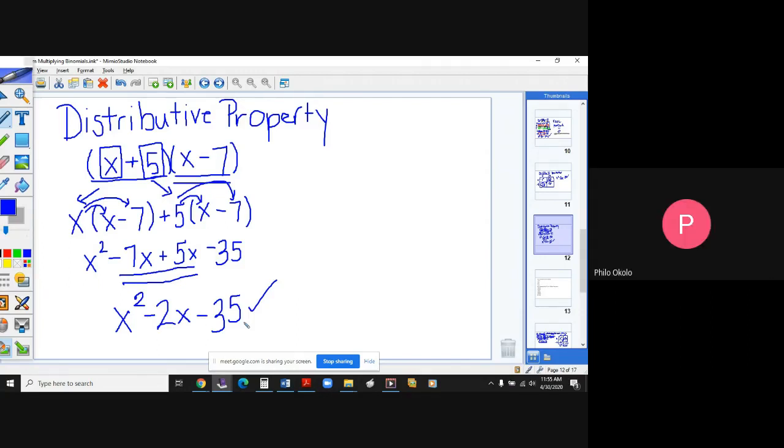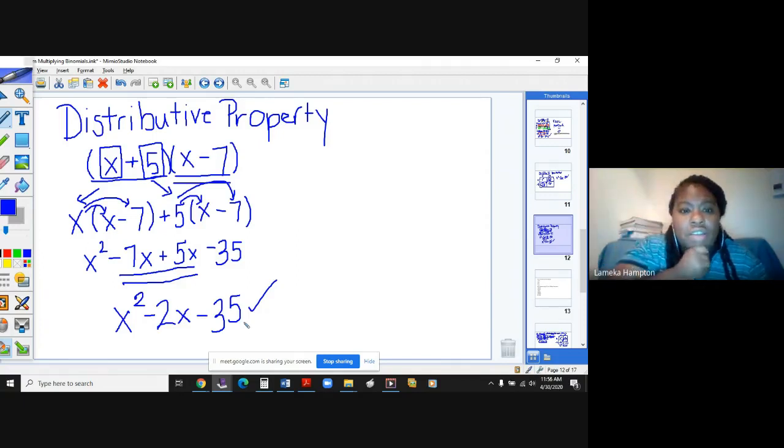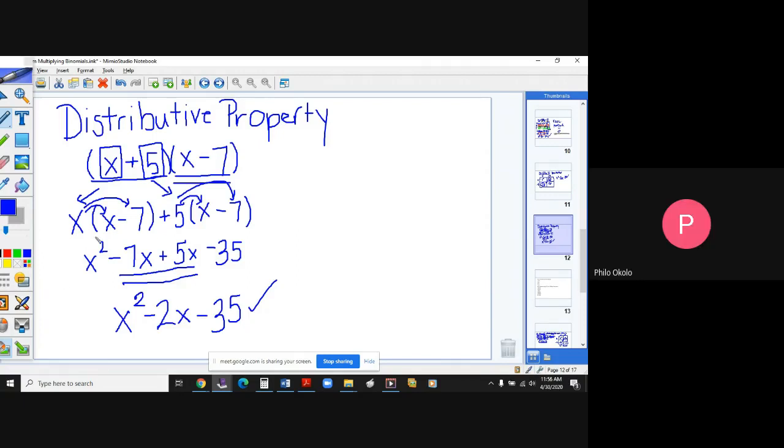Excuse me, Miss Hampton. Yes, ma'am. In the distributive property method, where is the x? It is not written there. How do you get the x, or do you just assume? What x? The x to multiply, because you just wrote out parentheses x plus 5, then parentheses x -7.